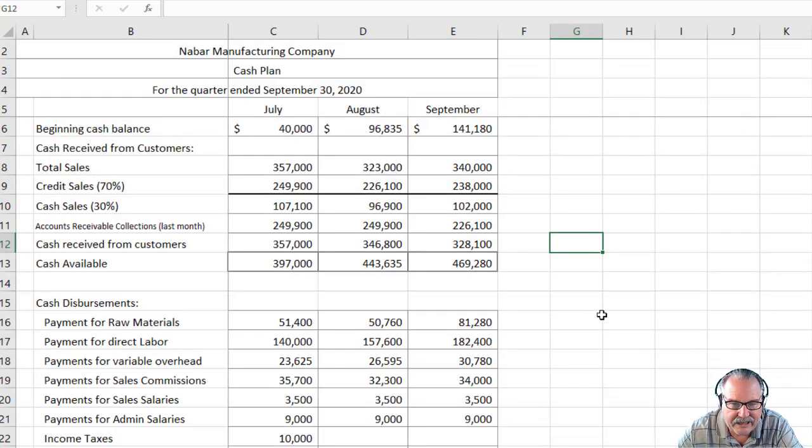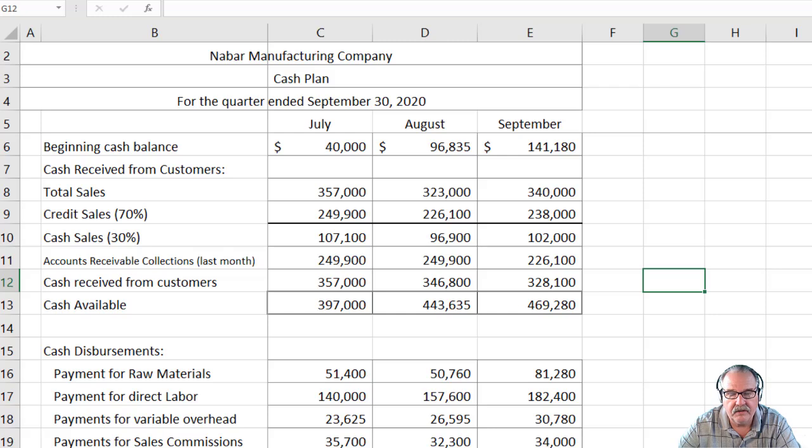Then we have to do a cash plan. I'm going to make this a little bigger so it's easier to see. What we're doing is we're just trying to plan out our cash flow. The cash flow is the cash that came in from customers and then the cash that went out to vendors and employees for all the things that we needed to buy.